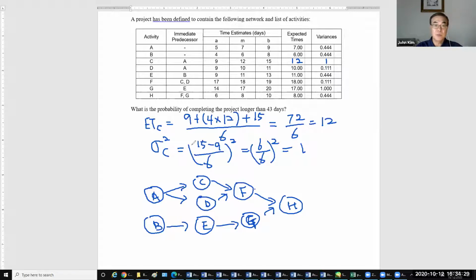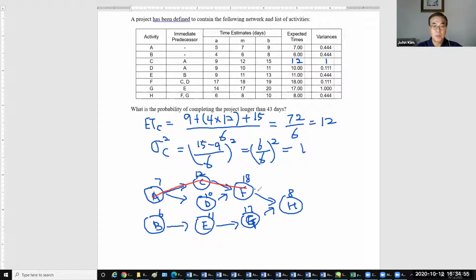Then 7, 6, 12, 10, 11, 18, 17, and 8. On this network, there are 3 possible paths.